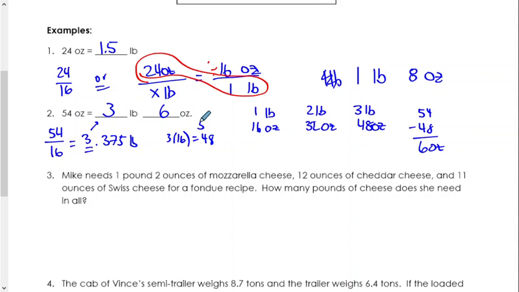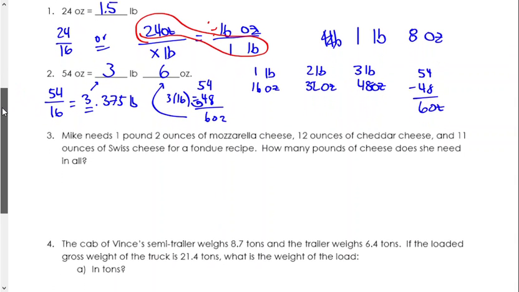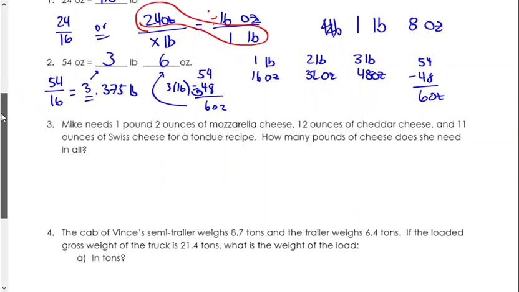And I have a full 54 ounces, subtract that 48, and I get 6 ounces left over. Okay, so it doesn't matter how you do it, just make sure you are showing me your work and how you got there.